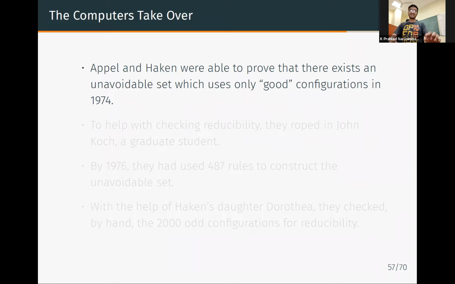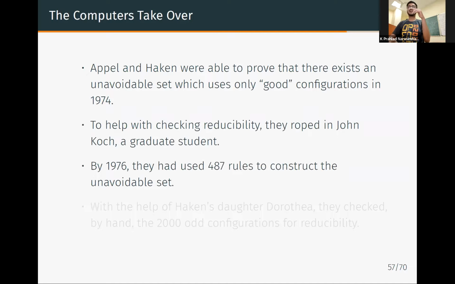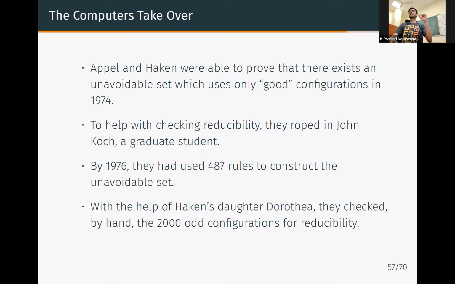I don't have too much time to go over too many things, but essentially they spent the next 6 years trying their luck with computers, and then they used a lot of rules to come up with unavoidable sets.